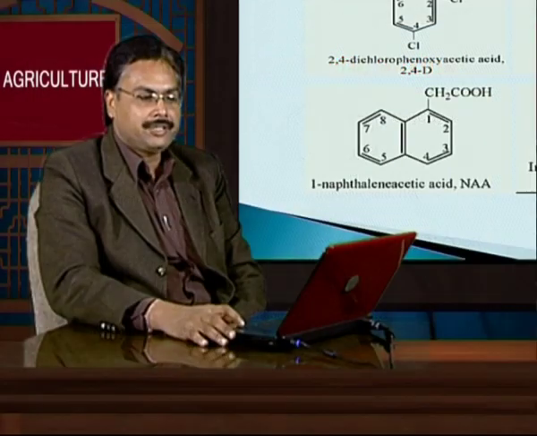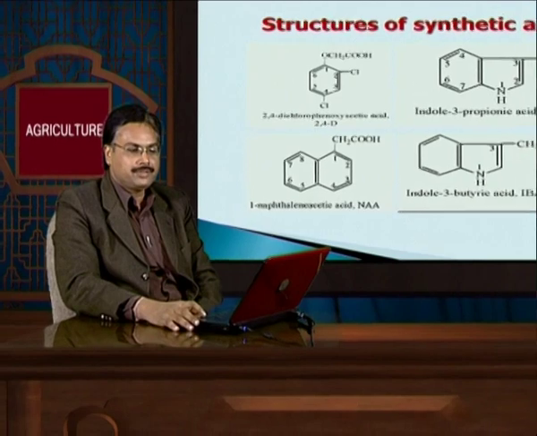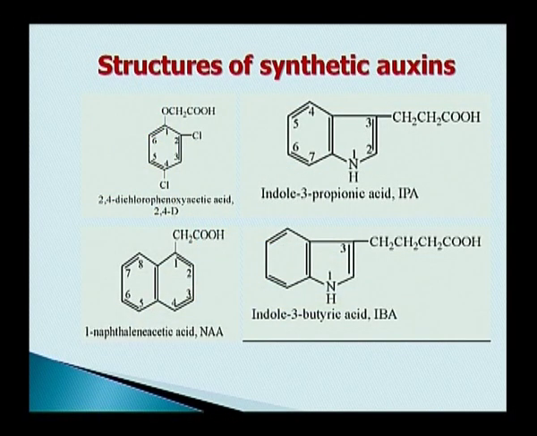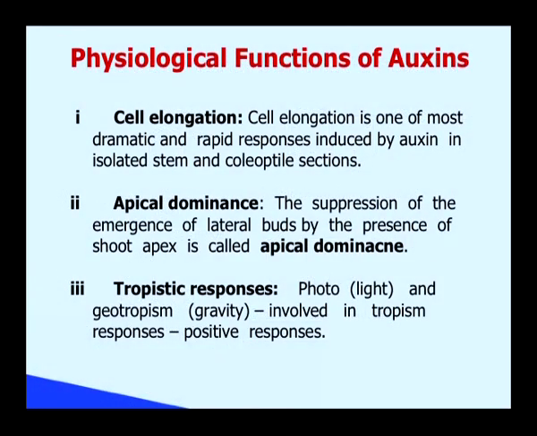When we apply 2,4-D in a small concentration, it accelerates growth, but when we use it in high concentration, it destroys the plants. NAA and IBA are other synthetic auxins which are widely utilized in horticulture crops for rooting of cuttings. That we will discuss in the coming slides. Then what are the functions played by auxins?